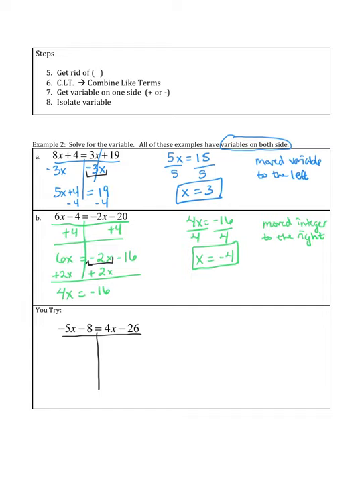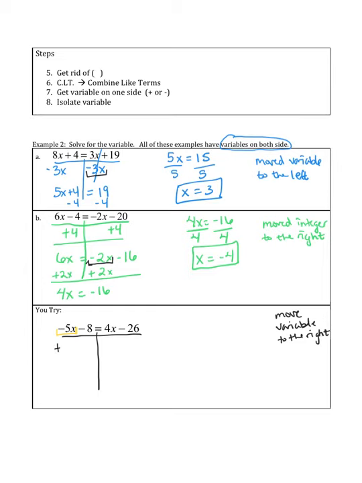Okay, this time I'm going to move the variable to the right, changing it up. All right, remember, it's 1 unit. I do not split up my negative 5 and my x. That is 1 unit.